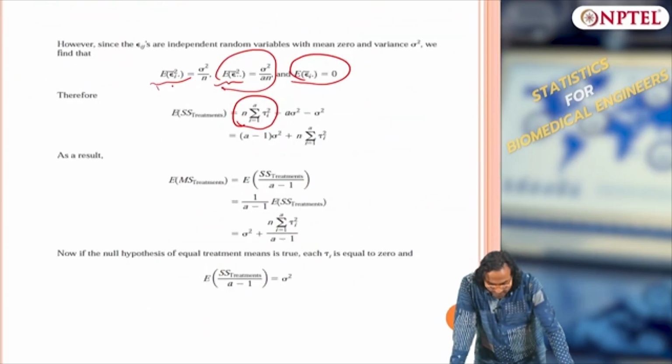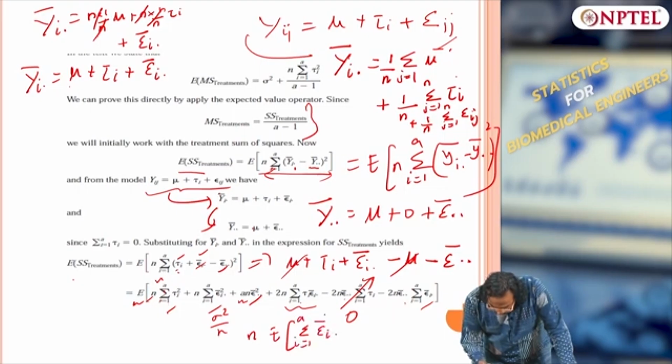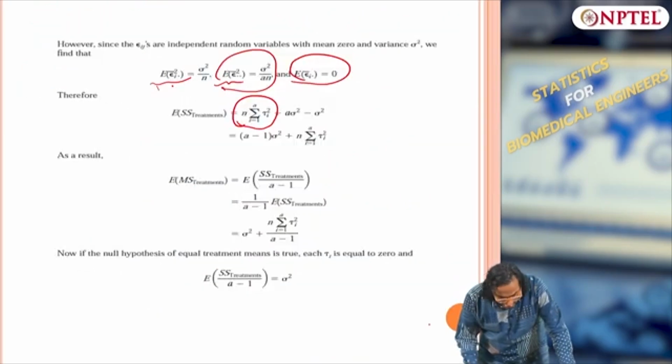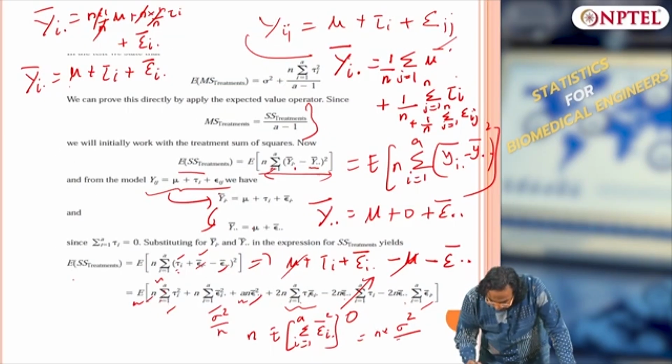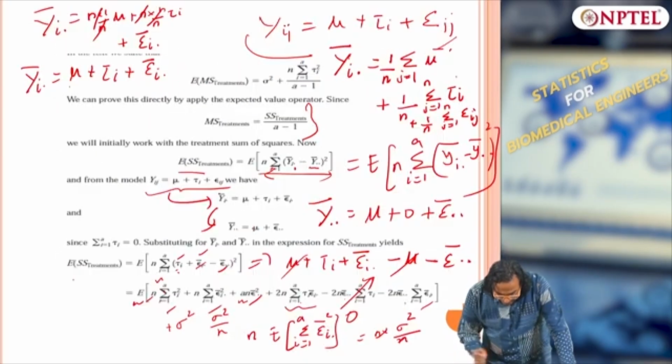And what is the second term? Second term is n into expectation of summation I equals 1 to a epsilon I dot squared. What is expectation of epsilon I dot squared? Sigma squared by n. So, n gets cancelled, the second term is sigma squared, keep that in mind, and summing along a axis a times, it gives you a sigma squared, right, clear.